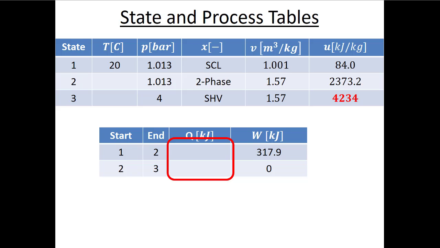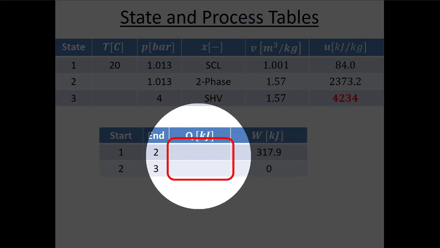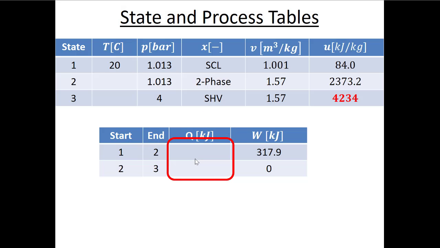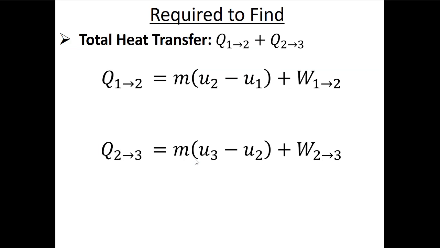So this is good, because now I've filled in my state table. But what the problem actually asked me for was what's the total heat and what's the total work. I have enough information here to find the total work, but I don't have the total heat yet. So I've got to go back to my symbolic solutions for heat transfer.